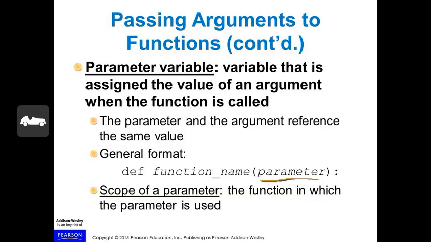So the parameter is a little bit similar to a local variable, in that its scope is also inside the function where it's used. All the statements inside the function can access this parameter variable, but no statements outside the function can access it. So that's the scope of the parameters.